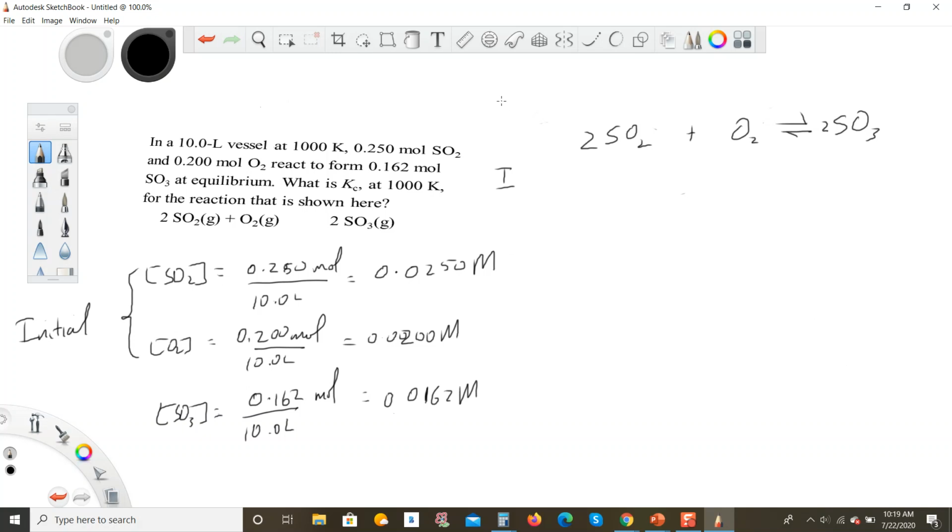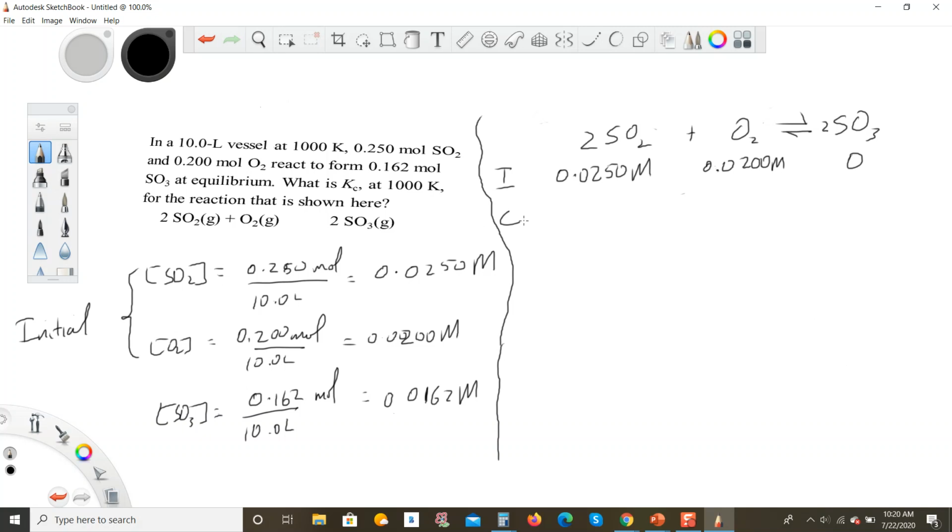Let me just draw a dividing line here to avoid confusion. Initially, we will have 0.0250 M of SO2 and 0.0200 M of O2, and none of this initially.